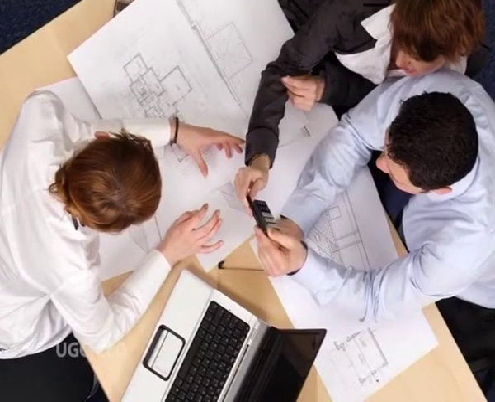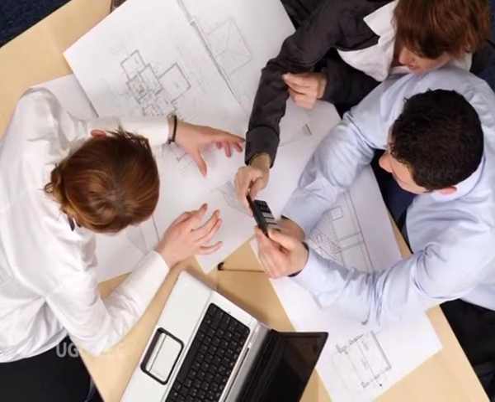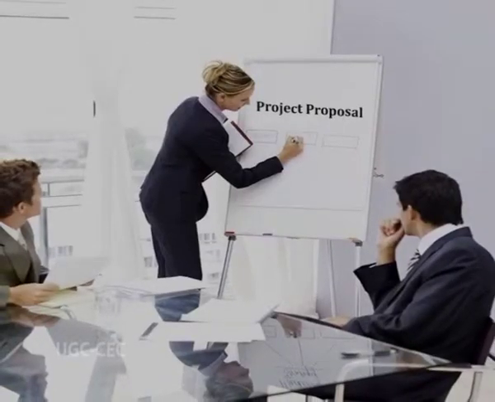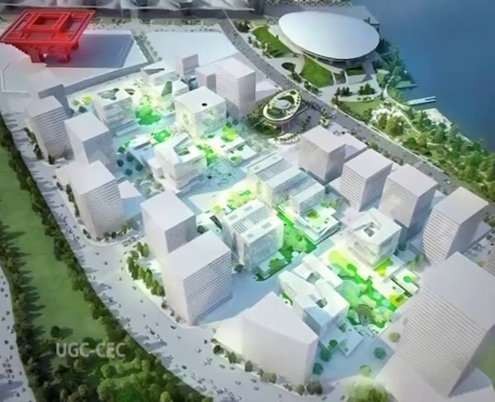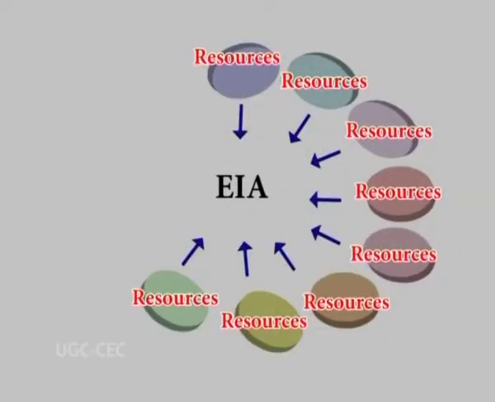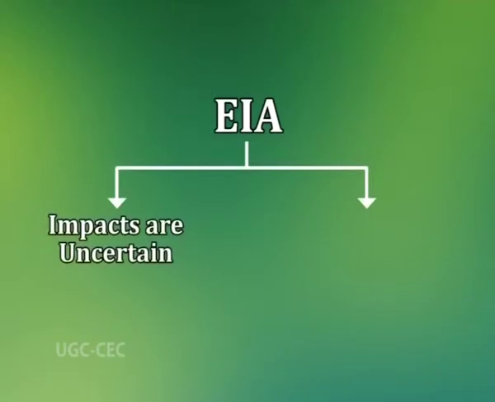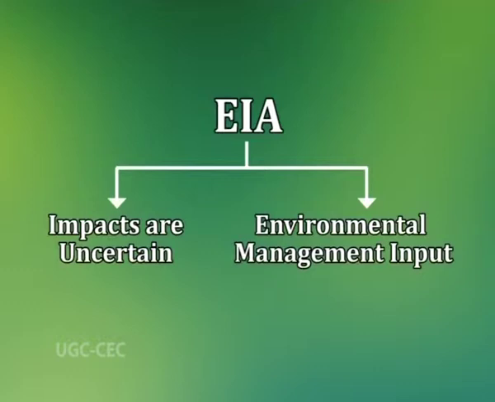The assessment of alternatives will result in the development of a preferred project proposal, which should then be the subject of a screening assessment. Screening. Screening is undertaken to decide whether an EIA is required and focus resources on projects most likely to have significant impacts, those where impacts are uncertain and those where environmental management input is likely to be required.